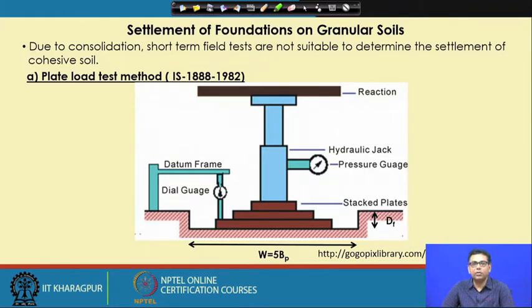And another thing I want to mention is that in this course I will discuss only the primary consolidation settlement. The third one is more useful or applicable for the organic clay, so that we will not discuss here.